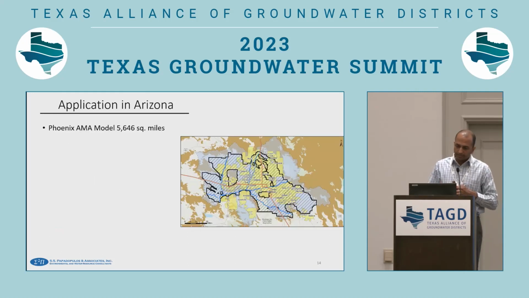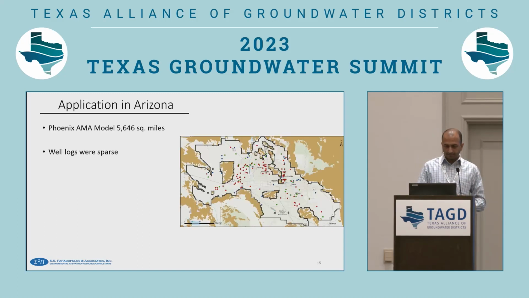Similar application in Arizona. This model, the Phoenix AMA model, was released in June this year, very recent, and similar, large area. Well logs in this case were sparse, not as dense. I think we got spoiled with really good quality data in the Sacramento Valley, and we were expecting to see that everywhere.